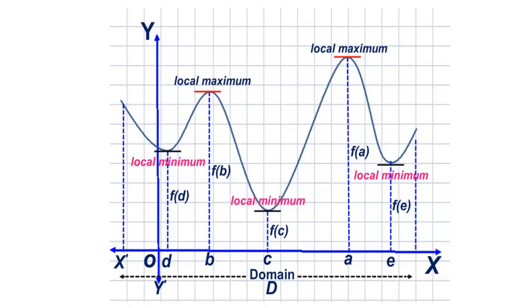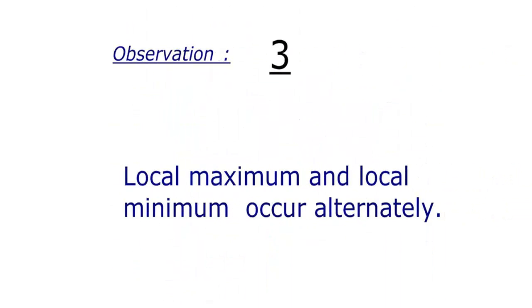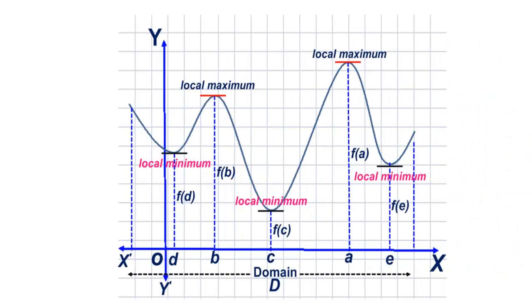Then observation 3: local maximum and local minimum occur alternately. Let us see this also. In this graph we can see local minimum, then comes local maximum, then comes local minimum, again local maximum and again local minimum in this domain.